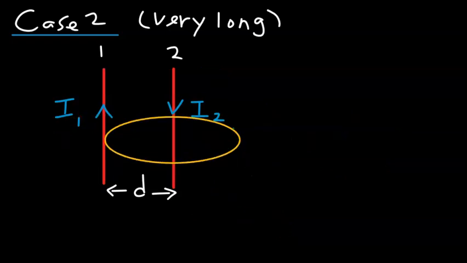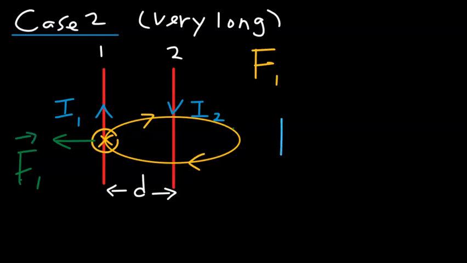By now it should be clear that the direction of force on conductor 1 due to the magnetic field of conductor 2, which at that location is going into the board, would be going that way. Let's see if that is indeed the case.